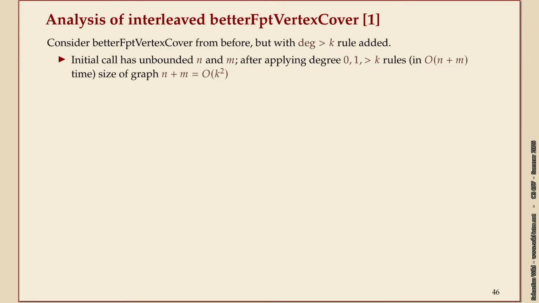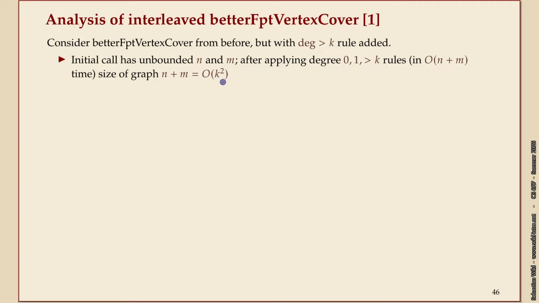Okay, as an example, let's look at the same algorithm we've analyzed in detail before. This better FPT vertex cover. I think I'll have it on the slide again. So the initial call has potentially a large graph, but then we apply the reduction, Buss's reduction, removing all vertices of degree 0, 1, and greater than k.